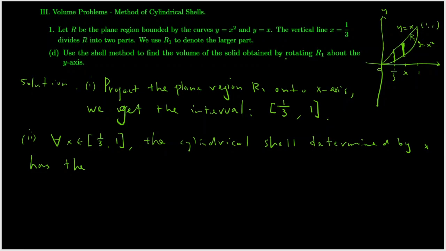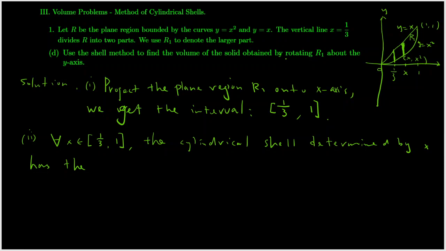This point has x coordinate of x and y coordinate of x squared. I think we have seen that many times. If you know the x coordinate, and the point is on the curve y equals x squared, then this point has x coordinate of x and y coordinate of x squared.